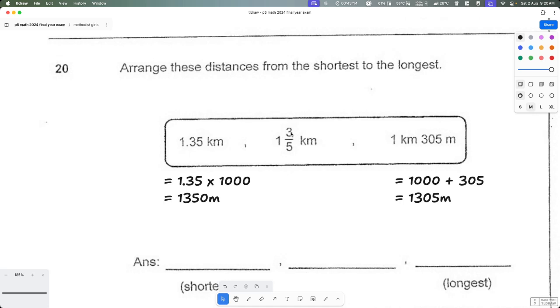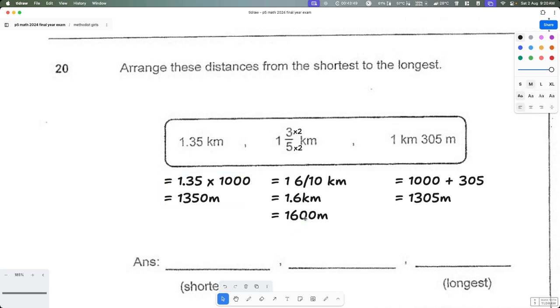Lastly over here, what can we convert this into? This can be a decimal. We can multiply this by 2 for the 5 over here, multiply this by 2, and this will give us 16 out of 10 kilometers, which is equal to 1.6 km, which is equal to 1600 meters.